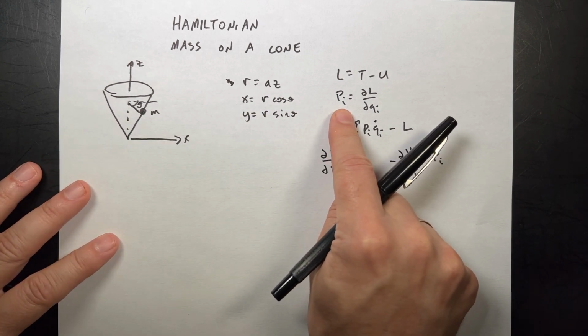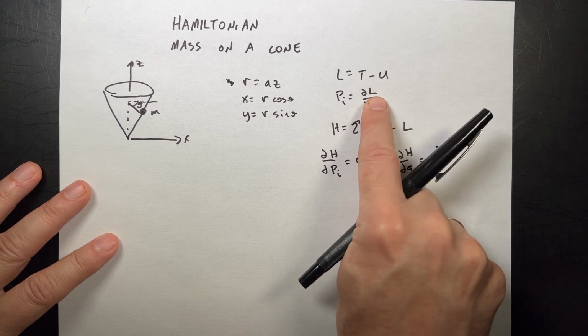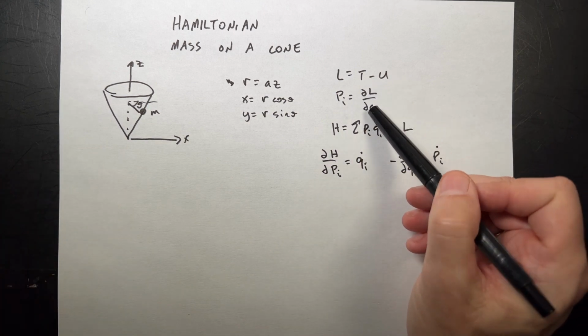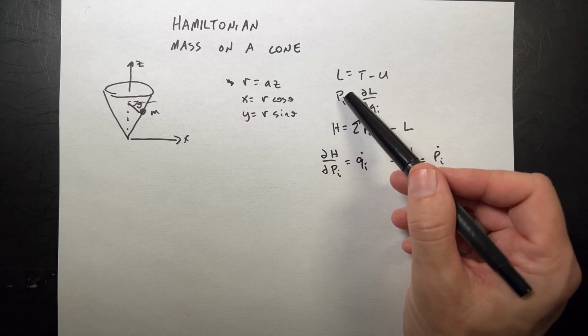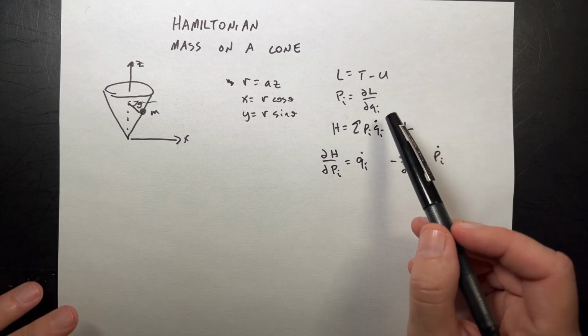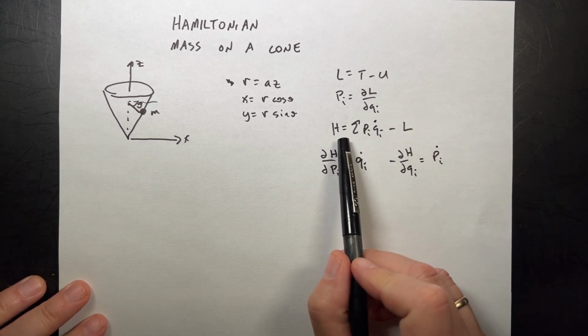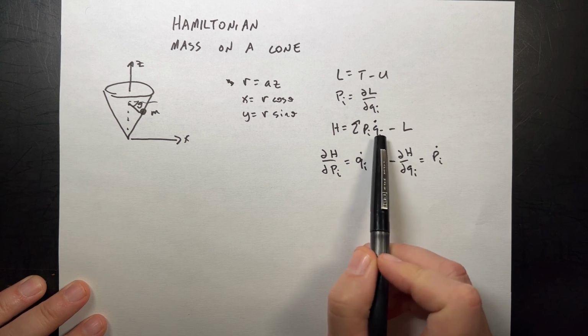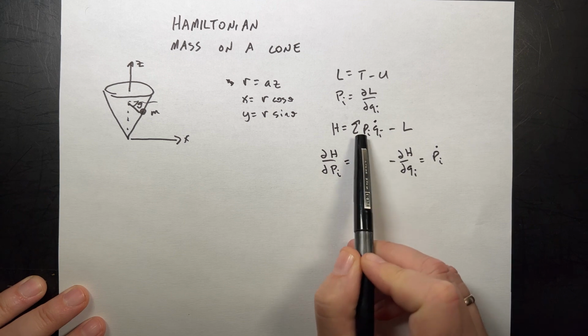So I can define momentums from the Lagrangian, the partial of the Lagrangian with respect to each coordinate. So the partial of L with respect to z dot will be p_z. The partial of L with respect to theta dot will be p_theta. From that, I can write down the Hamiltonian, the sum of the p's and q dots, and remember q dot means derivative with respect to time, minus the Lagrangian. And so there will be 2 terms there.